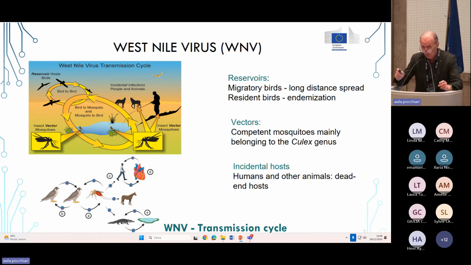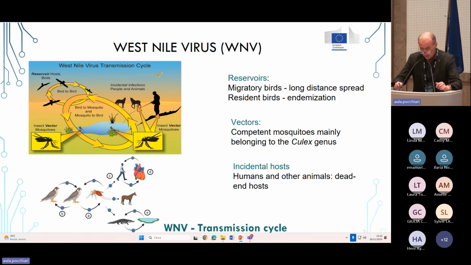We have also a cycle which excludes vectors. This cycle has been demonstrated in alligators and crocodiles, which may not need vectors to complete the cycle.